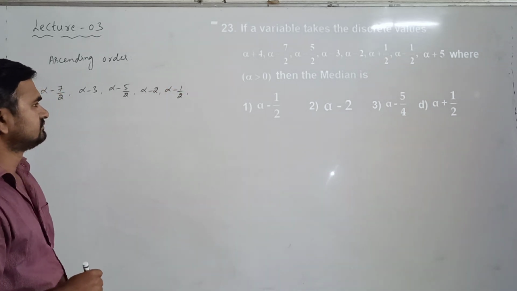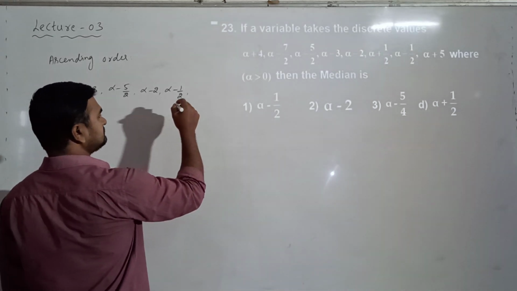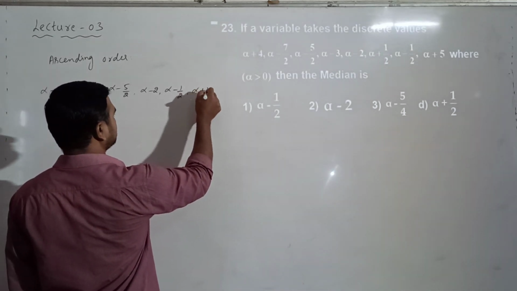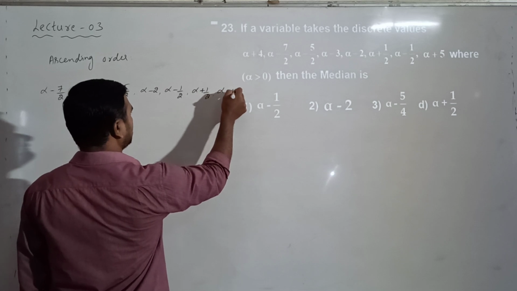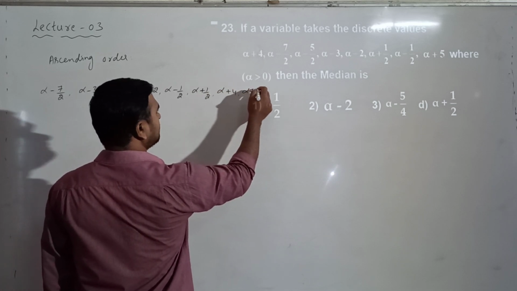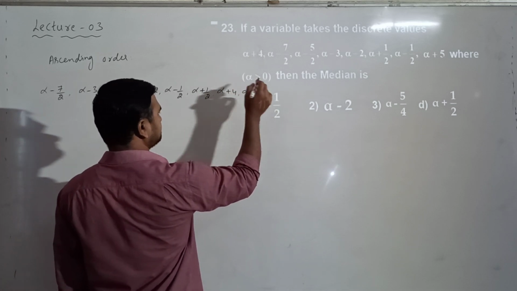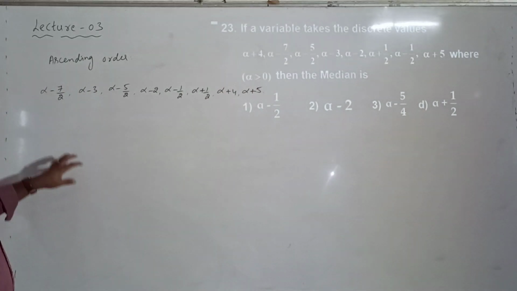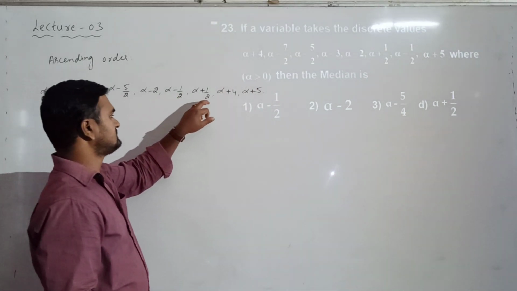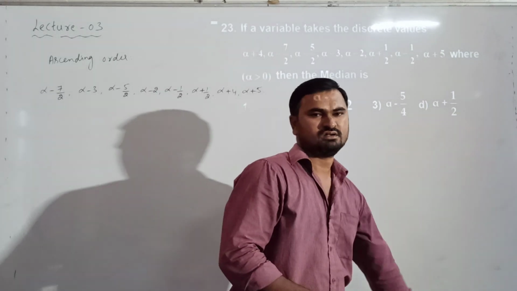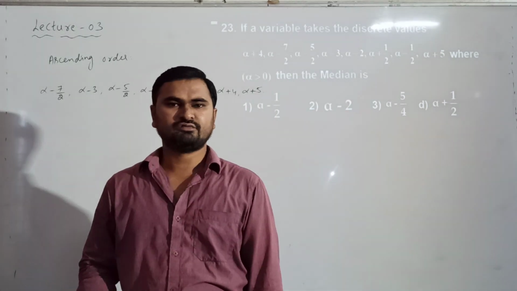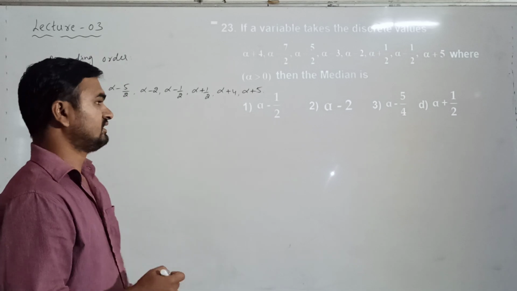Then alpha plus 1 by 2, alpha plus 4, next alpha plus 5. So we are given 1, 2, 3, 4, 5, 6, 7, 8 observations. So 8 observations are given, and we need the median.